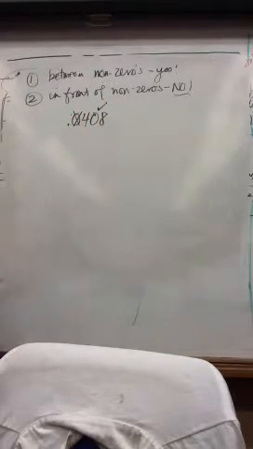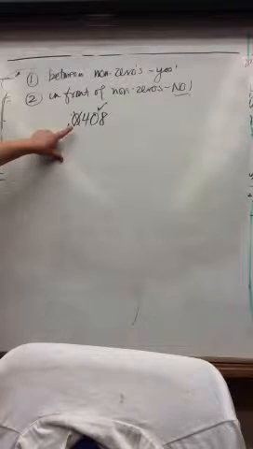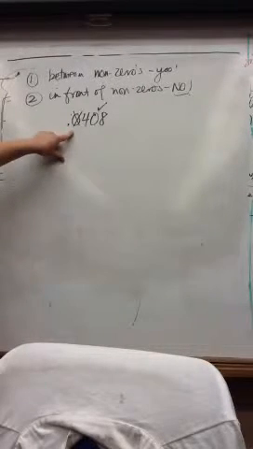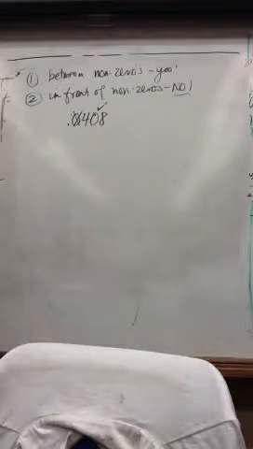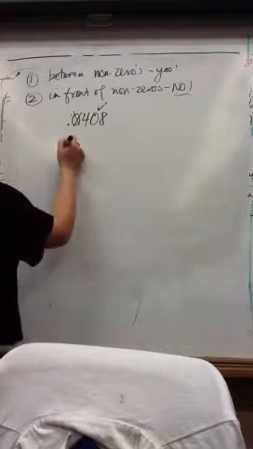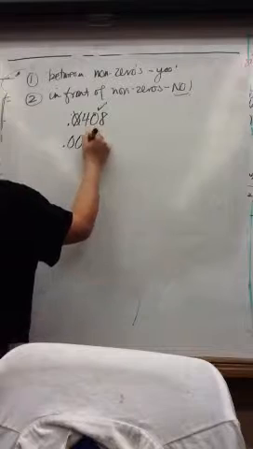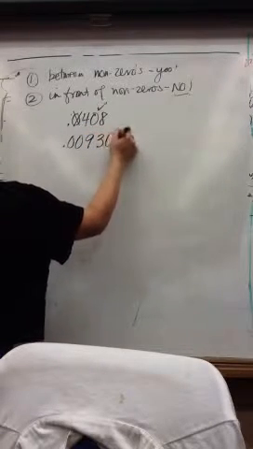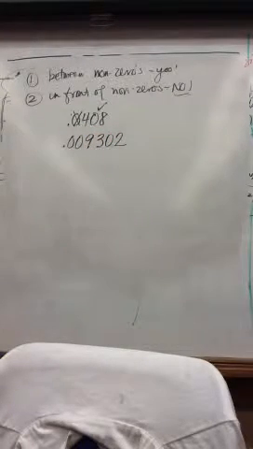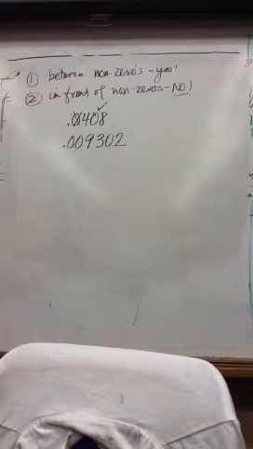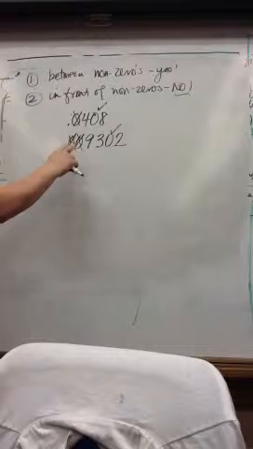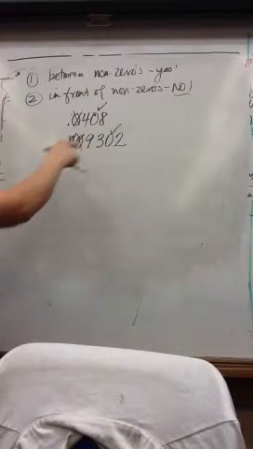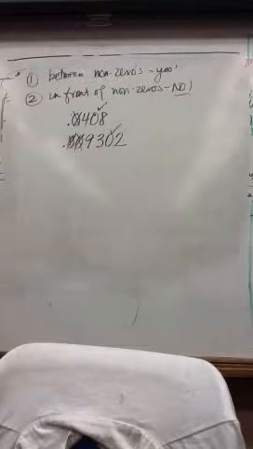This is. What rule makes this one not significant? Rule number 2. What rule makes this one significant? Rule number 1. Okay, so in the number 0.009302, how many sig figs do we have? 4. Not significant, not significant, significant. Rule 2, Rule 1.